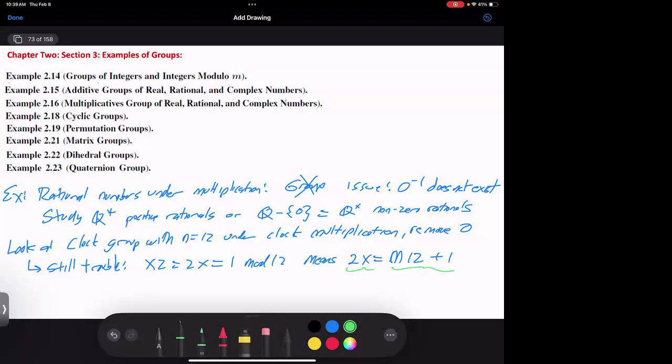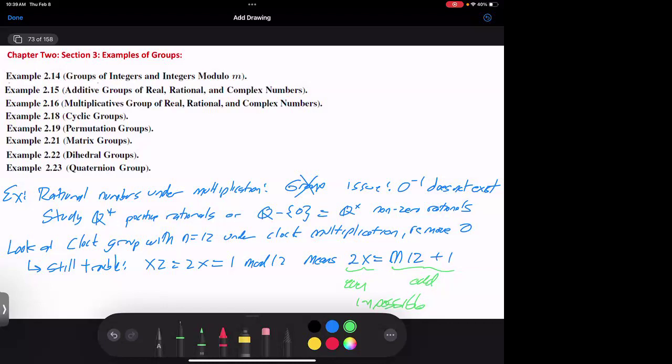So one of them is odd, one of them is even, so it's impossible. So unfortunately, if I look at the clock groups, I know there's going to be trouble with 0. So let's throw away 0. Okay, so we've thrown away 0. That's not enough. We can still have trouble with elements such as 2.